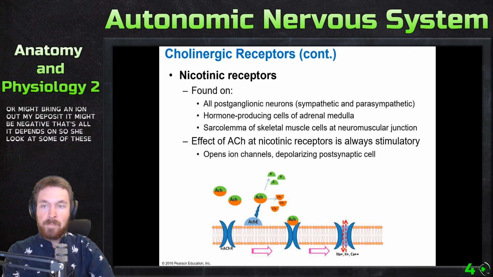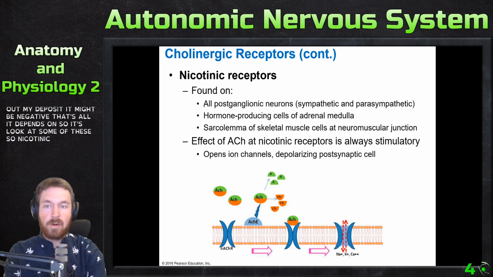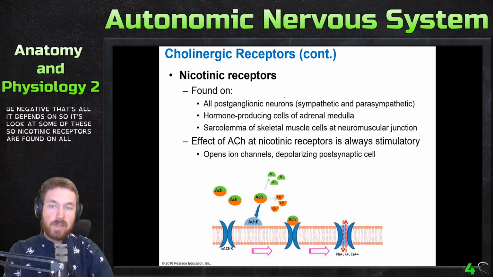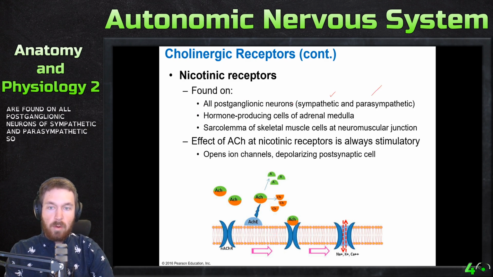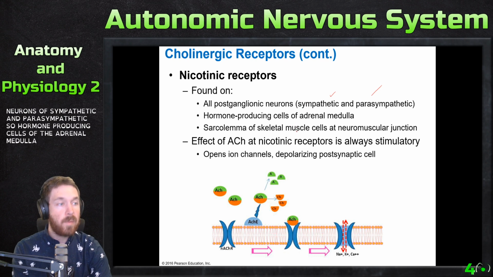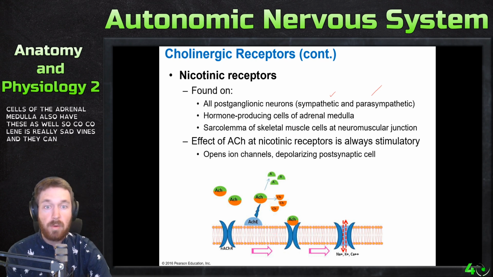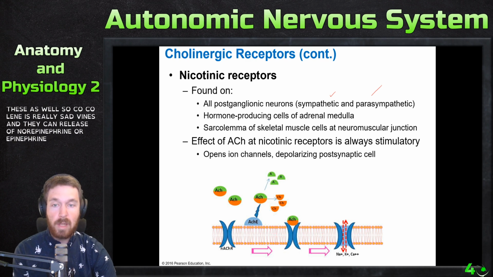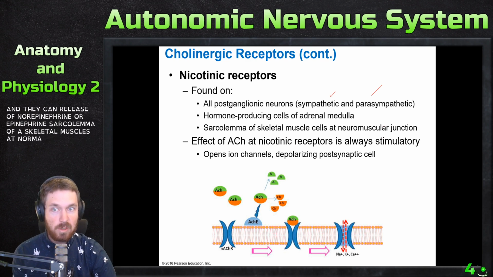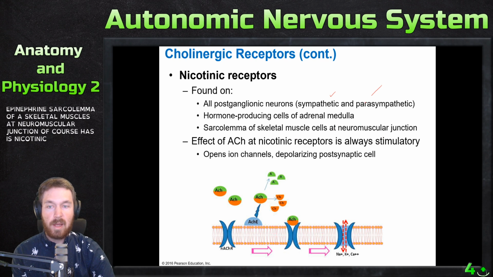So let's look at some of these. Nicotinic receptors are found on all postganglionic neurons of sympathetic and parasympathetic. Hormone-producing cells of the adrenal medulla also have these. When acetylcholine is released, it binds and it can release norepinephrine or epinephrine. The sarcolemma of skeletal muscles at the neuromuscular junction, of course, has these nicotinic receptors as well.